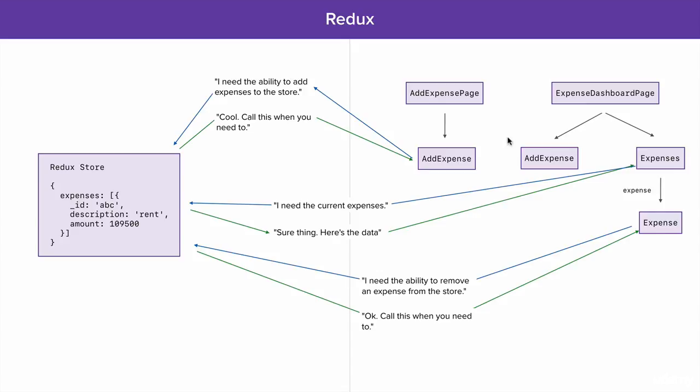So as you can see here, our components aren't communicating between each other so much as the individual components are communicating with the store. This creates components that are very reusable. So add expense over here can get the exact same stuff that add expense over here has. It can say, hey, I need the ability to add expenses to the store, and then Redux would respond with the function allowing add expense to actually add an item.